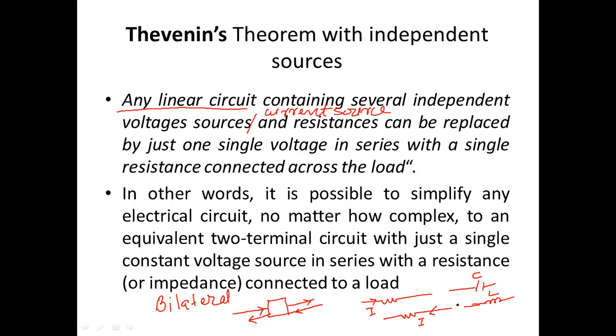That is why it is called a bilateral element. In the case of a diode, we cannot do this; it is a unidirectional element. Resistance, capacitance and inductance are bilateral elements, so we can transfer the current from one side to the other and back.